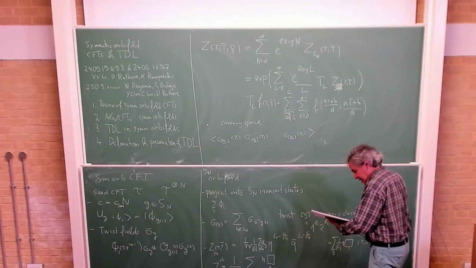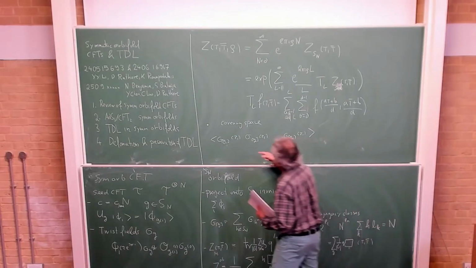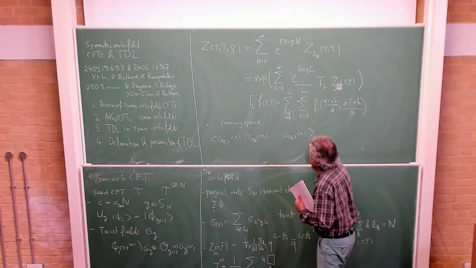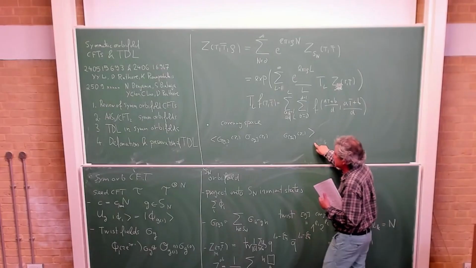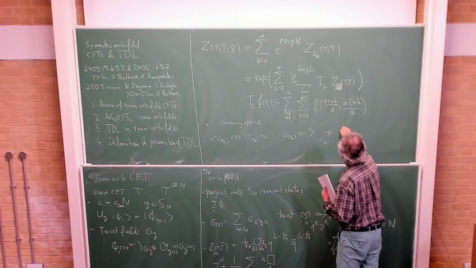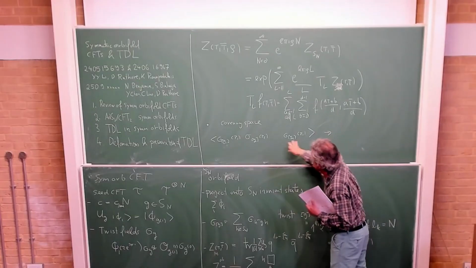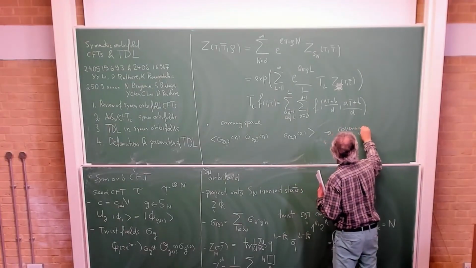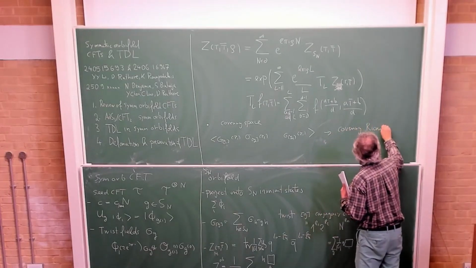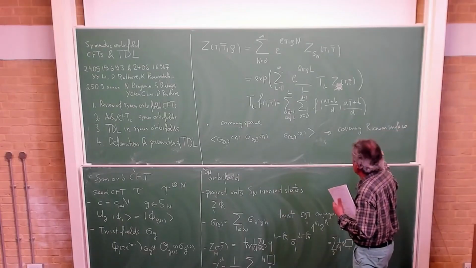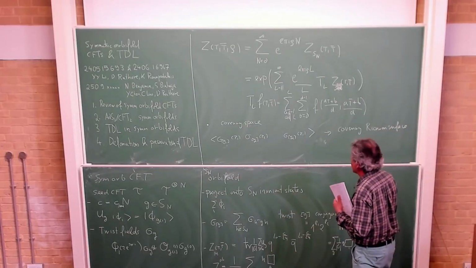What Lunin, Mathur, Rastelli et al. found is that you can analyze this correlation function and have a diagrammatic extension which leads to a correlation function of twisted sector operators on a covering Riemann surface, where the fields are single valued.